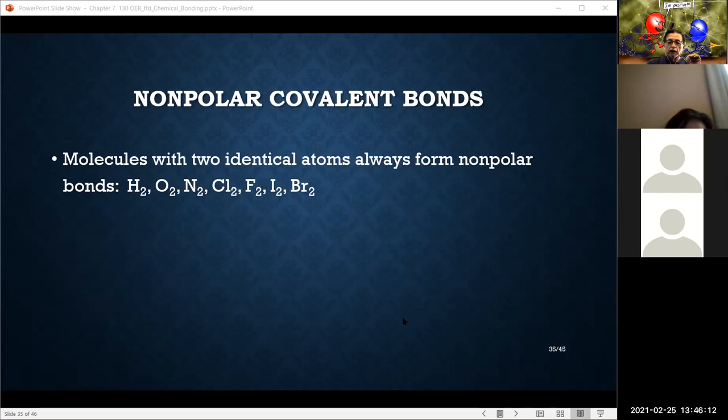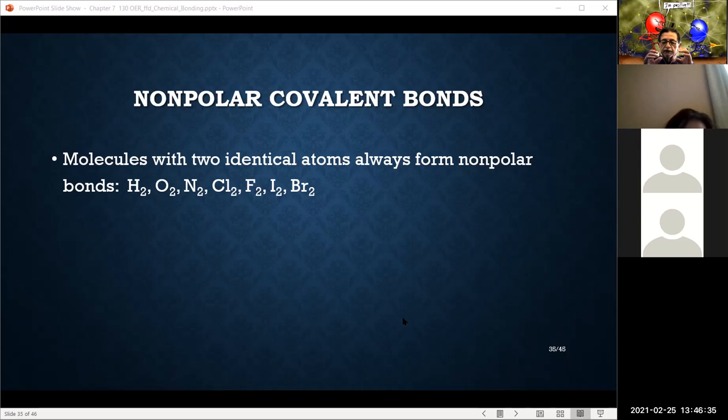All right. Nonpolar bonds. All of the diatomic molecules are nonpolar. Why are they nonpolar? Because the elements are the same. Here's a problem I've seen in the past that people are not grasping. We have a diatomic element: two hydrogens bonded to each other.